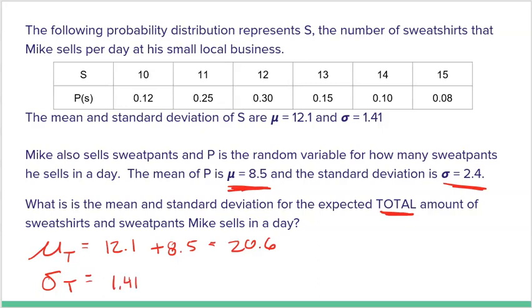I have to take the variance for his sweatshirts plus the variance for his sweatpants. And again, don't actually square them. Just put the square there. The calculator is going to do the hard work. You're just squaring it to show that it's variance. And then put a giant square root around all of that to get back to a standard deviation. So that's the square root of 1.41 squared plus 2.4 squared.